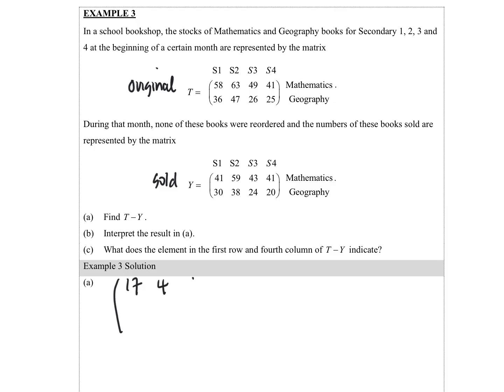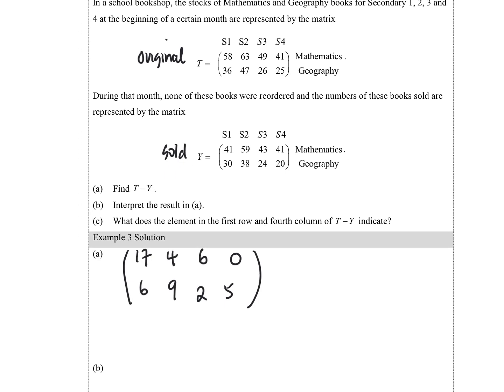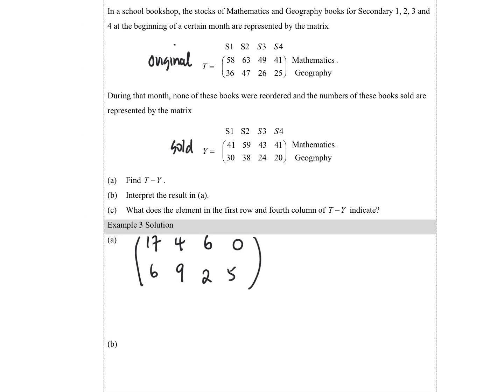4, 6, 0, 6, 9, 2, 5. So this is T minus Y. So they say, can you interpret the result? What is this that you are trying to find? The number of books.